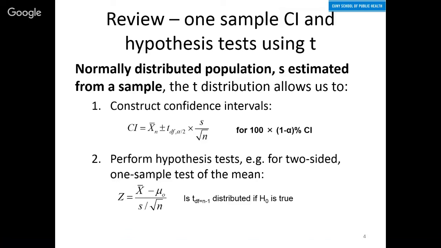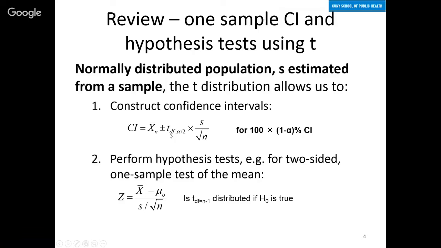So we then went into the T distribution. The only difference here is that the standard deviation is not known, but it is estimated from the sample. And that sampling distribution widens out a little bit in the tails because of the added uncertainty in the standard deviation. And both the confidence intervals and the hypothesis test remain the same, except that you use a T distribution instead of the Z distribution.